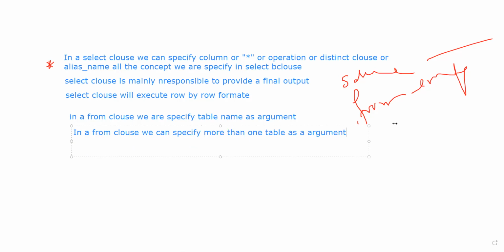When we join multiple tables, then we have to use multiple tables in a from clause, right?